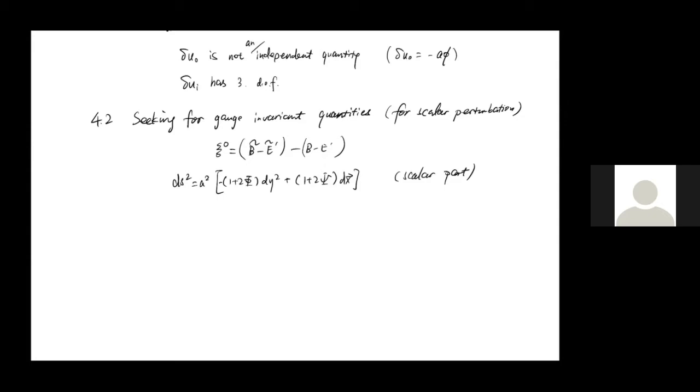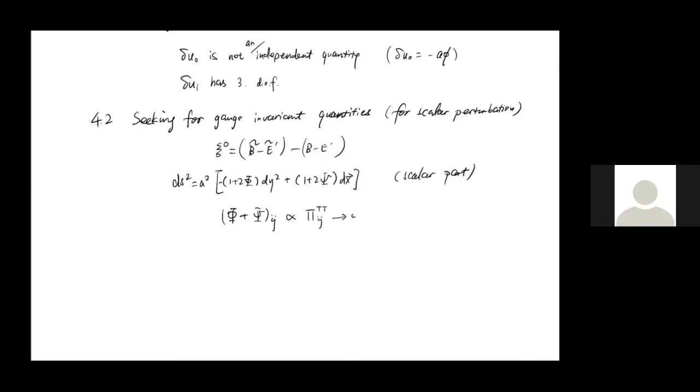And if there is no anisotropic stress, which I will talk about later, then we will have an equation of motion that the sum of this is proportional to some anisotropic stress tensor.